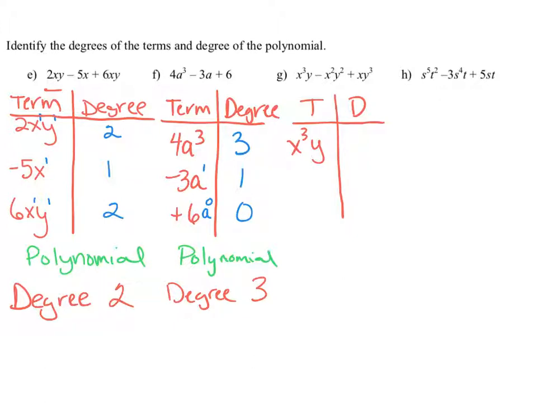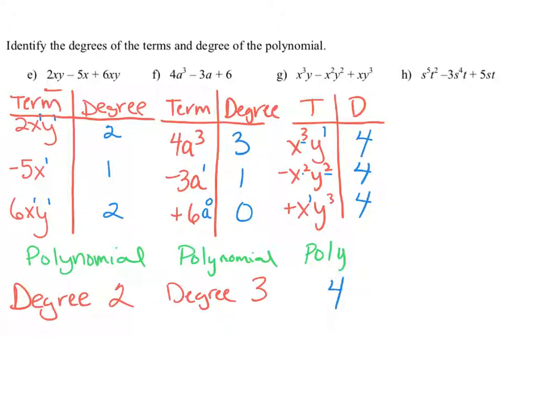Now x to the third, that variable is 3. Y by itself is just y to the first, so the degree is 3 plus 1, which is 4. For the second term, negative x squared y squared, we're looking at the degree of the term by adding those variable exponents. We get that the degree of the second term is 4. And then the last term, x y to the third: x by itself is an x to the first, so that has a degree of 4. For the entire polynomial, the degree is equal to 4.